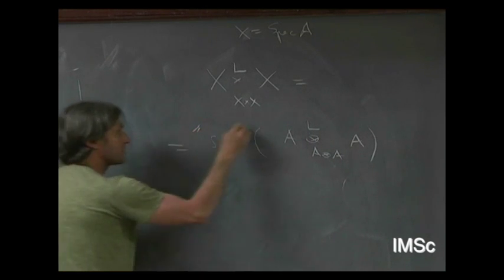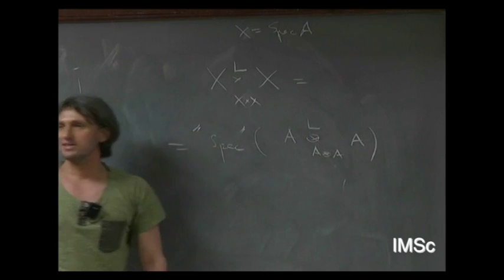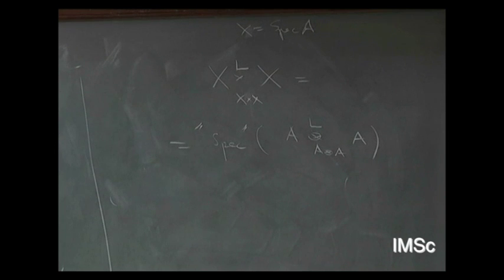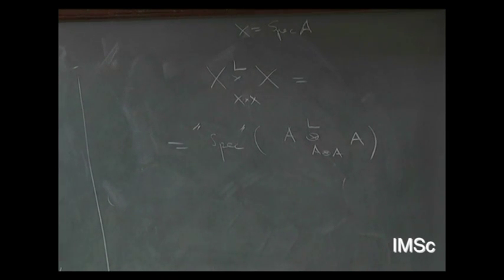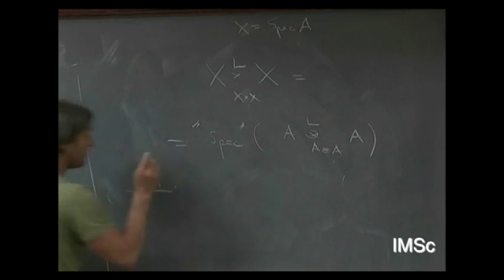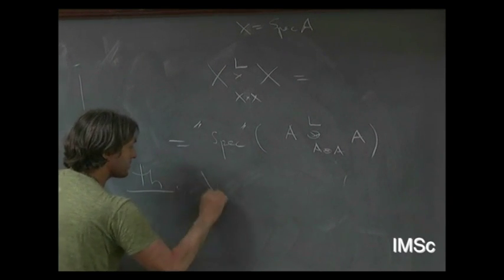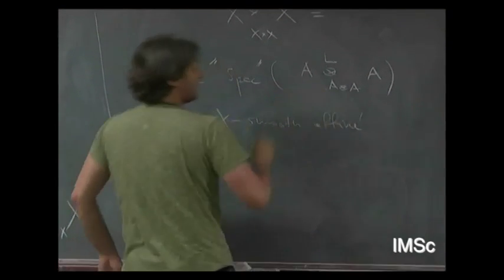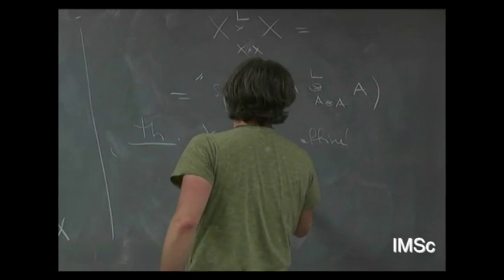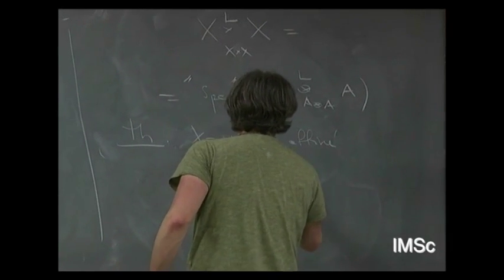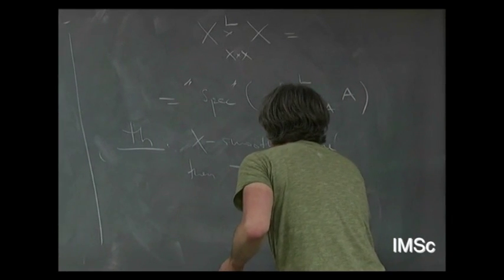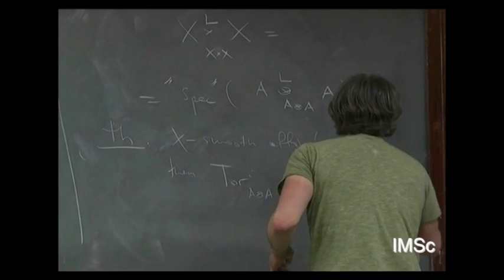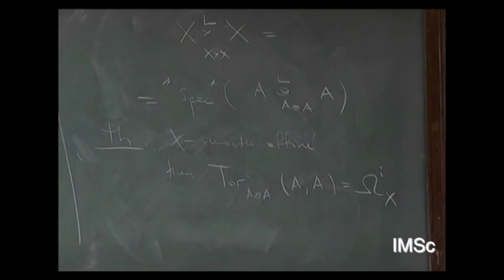Well, then I'm taking spec in quotes because I am just talking about graded algebras instead of just algebras. Now, there's a theorem: if X is smooth affine, then Tor I over A tensor A from A to A is omega I X, the ith differential forms.